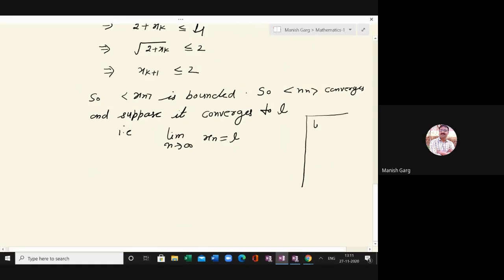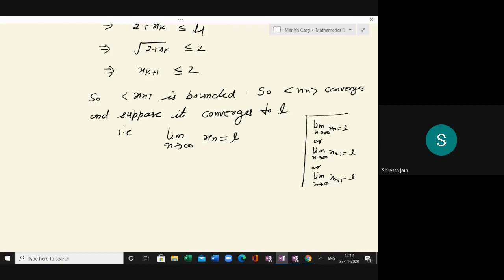If you write the limit as n tends to infinity of xn is equal to L, this is the same as xn minus 1 is equal to L, or you can write the limit of xn plus 1 or xn plus 2, because if n tends to infinity, then n minus 1, n plus 1, n plus 2 also tend to infinity.